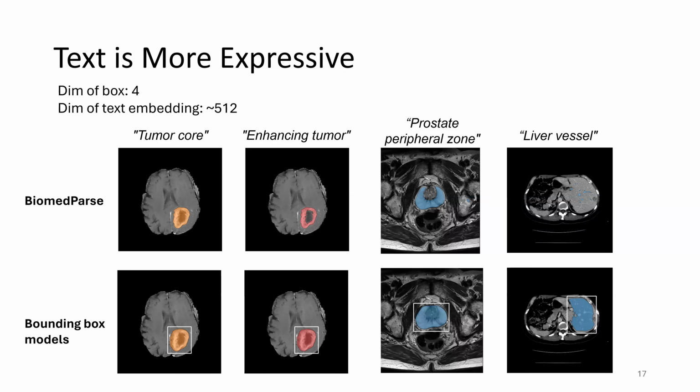Thank you, Theodore. The other audience member is asking: unlike prompts such as box and point, which contain spatial information, how does the text prompt solve the problem of lack of spatial information? Yes, it's very hard.